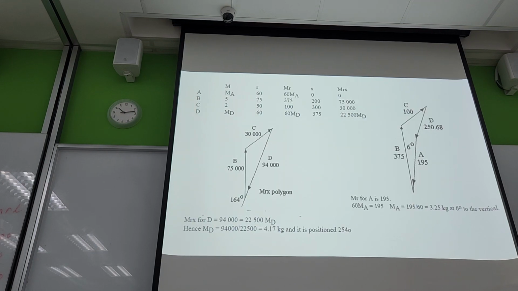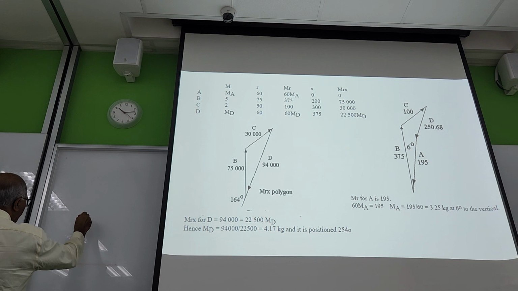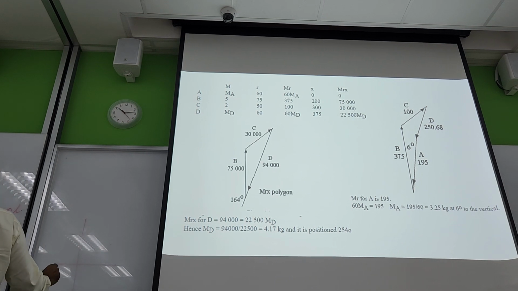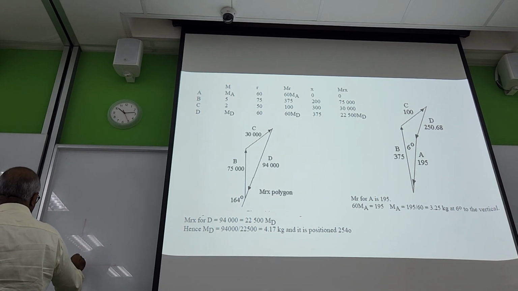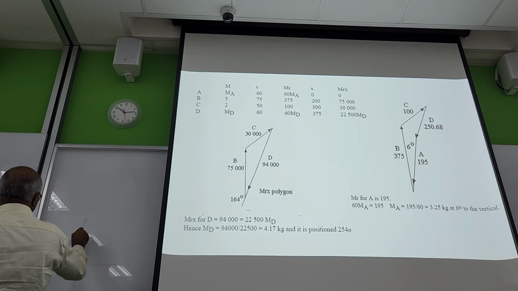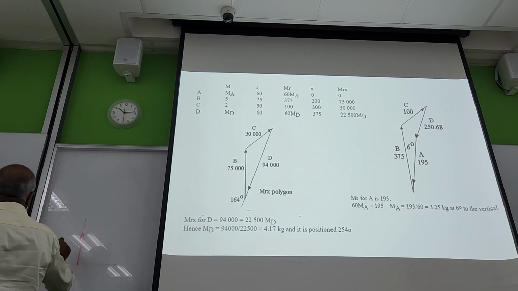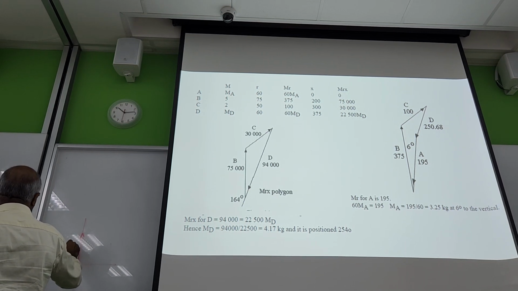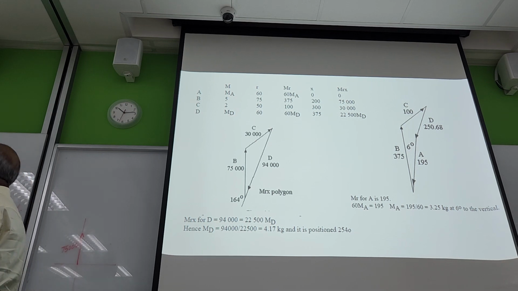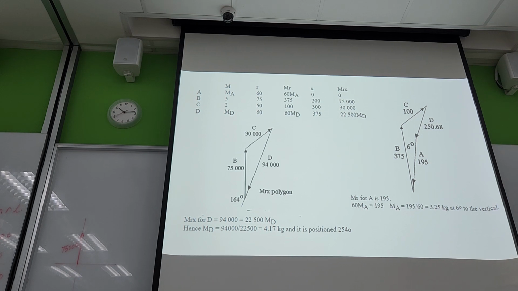Okay, so you can plot now 75,000. So you choose a coordinate axis. Okay, so B is along the vertical axis. So plot this 75,000 along the y-axis. Okay, and C is at 60 degrees from B.